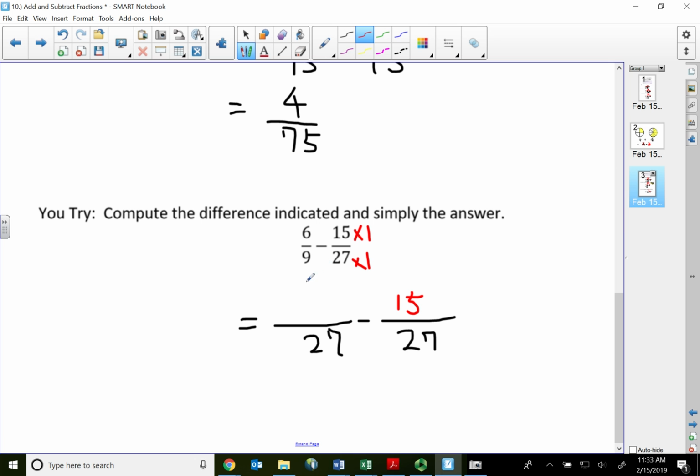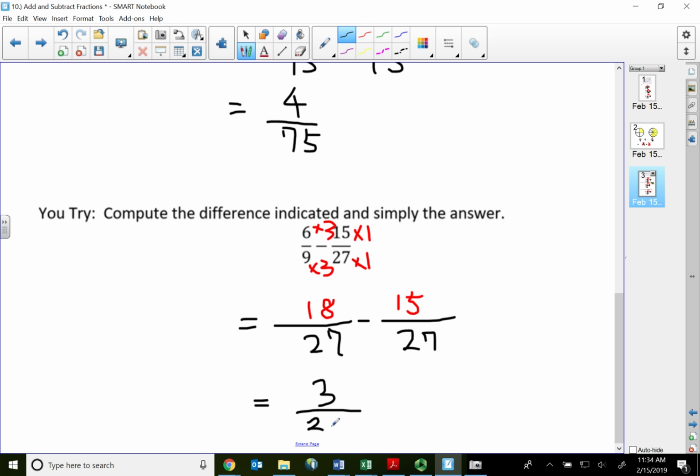All right, the first denominator was 9 to become the new LCD 27. I've got to multiply by 3. So my numerator is multiplied by 3 as well. 6 times 3 is 18. So this problem becomes 18 over 27 minus 15 over 27. My answer, 3 over 27.